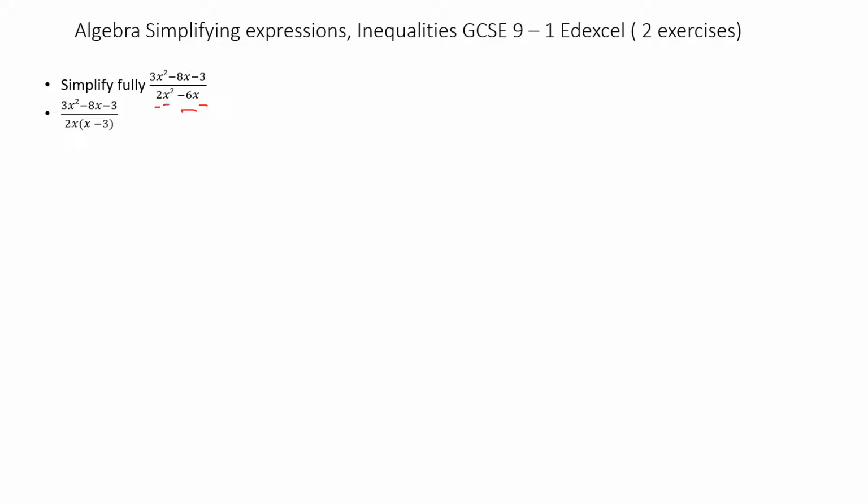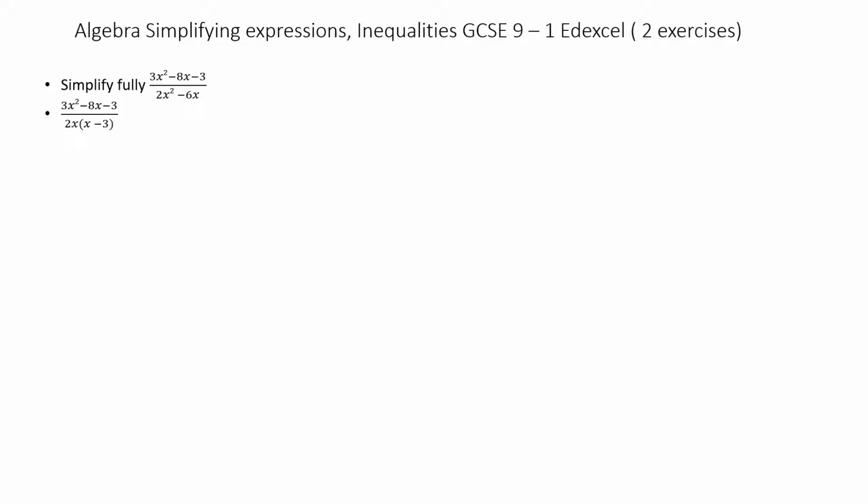So I get 2x out, and then 2x into x minus 3, and you can see clearly that 2x times x is 2x squared, and 2x times minus 3 is minus 6x. So that's the denominator done.